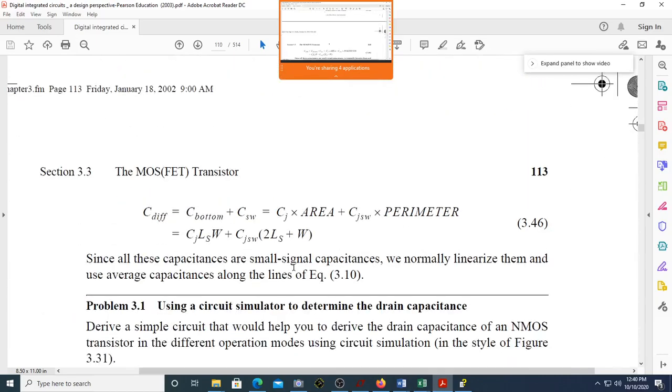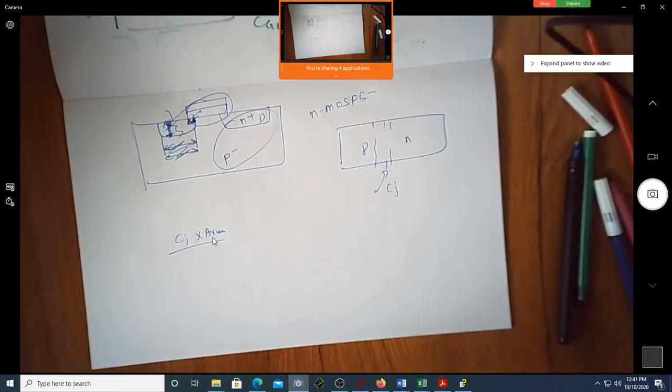Now you can see C bottom plus C SW. What does this SW stand for? Side wall. Correct? Yes, sir. Now this C bottom is junction capacitance multiplied by the area. Of course, as I said here, Cj multiplied by area.